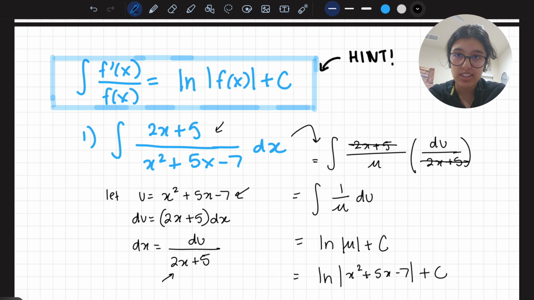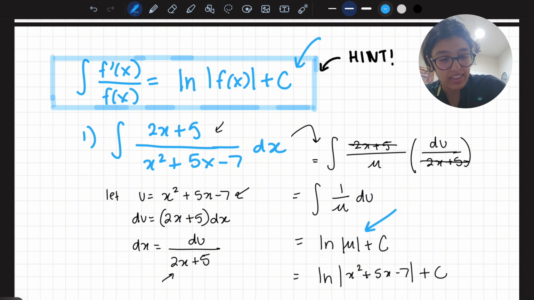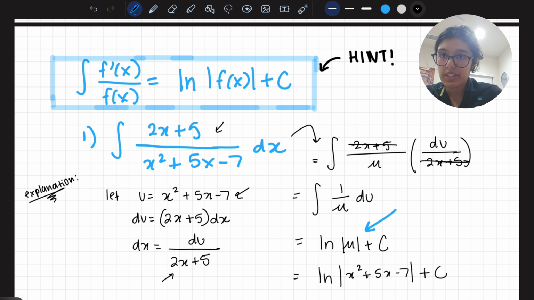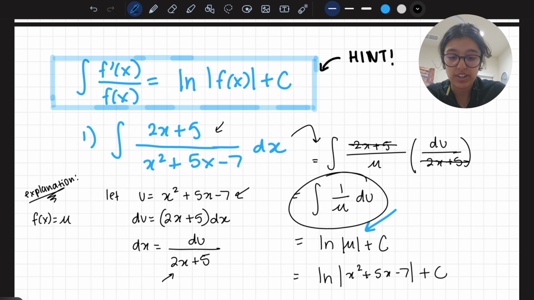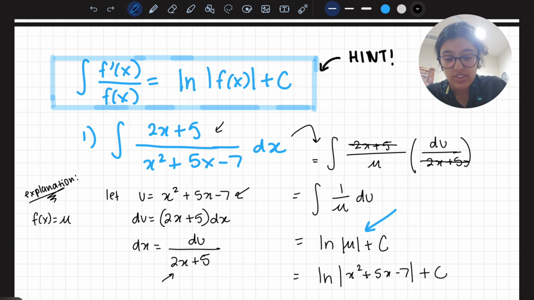But the interesting thing over here is that when we did this step, we implicitly applied this formula. Let me explain why. If we say that f of x is equal to u, and for the sake of this demonstration we look just over here, everything is in terms of u. This theorem says that the original function has to be in the denominator, so our original function has to be u. And it says that the derivative of the original function has to be in the numerator.